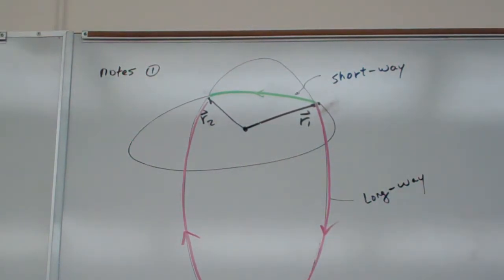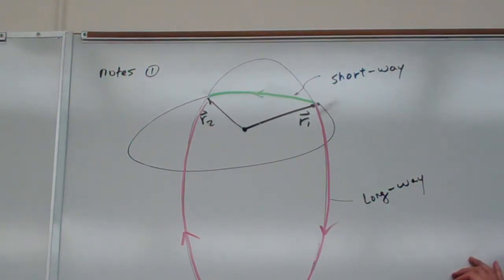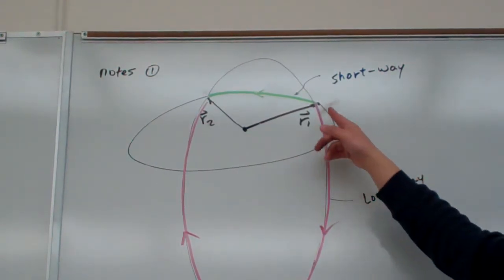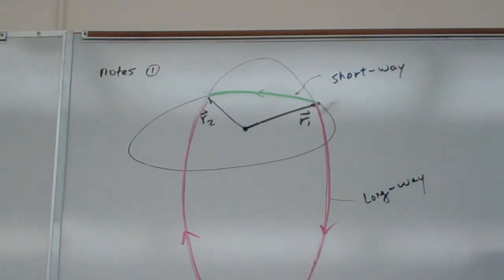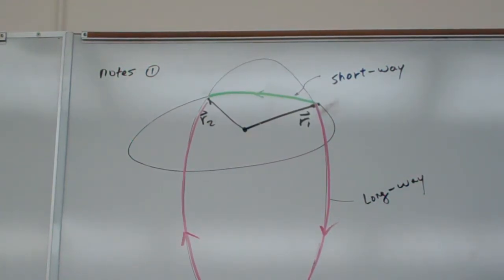That's the definition. Depending on which way, long way or short way, you pick in the program later, that will change the velocity we're going to find. So that is the first thing here.